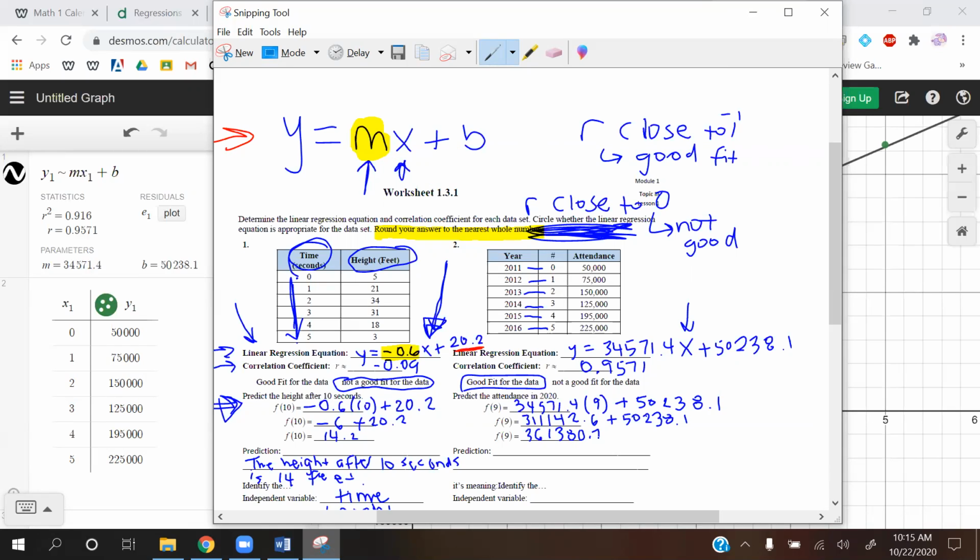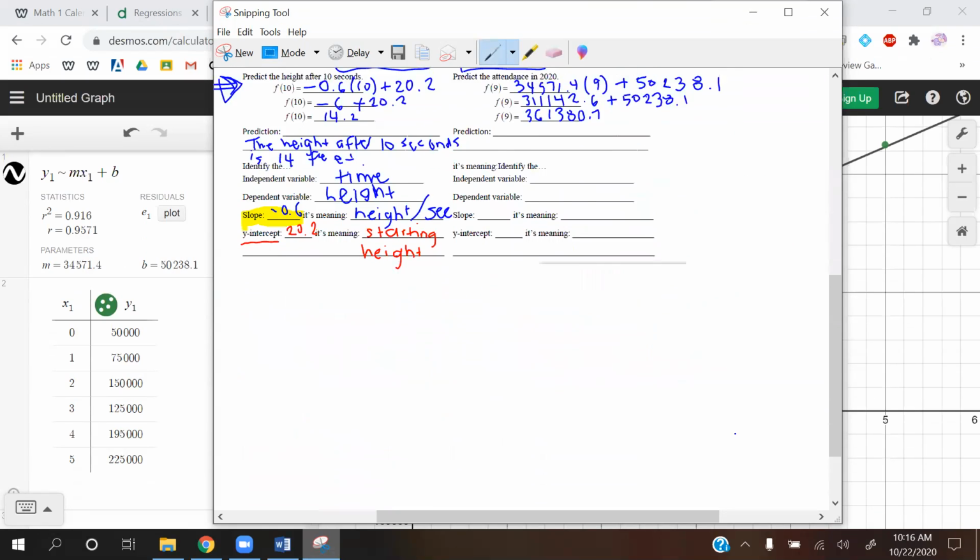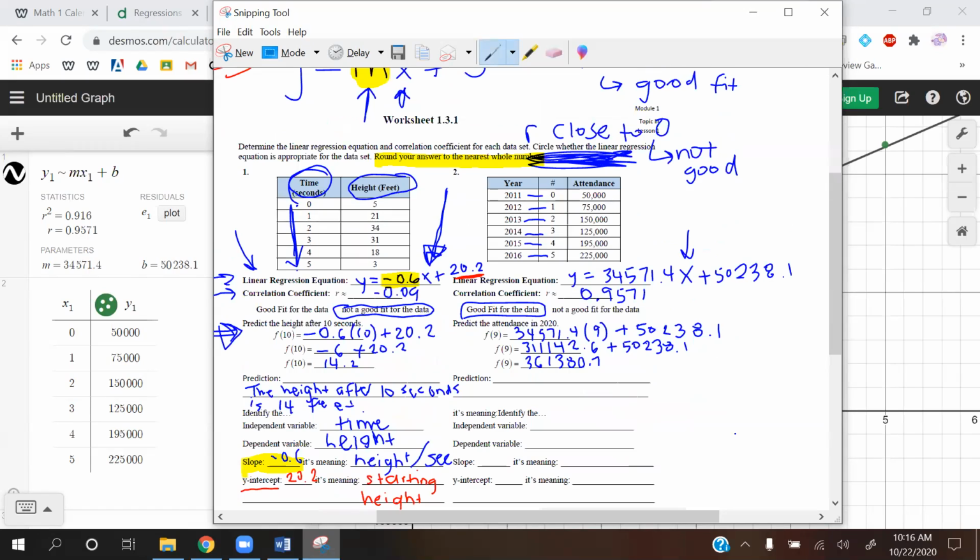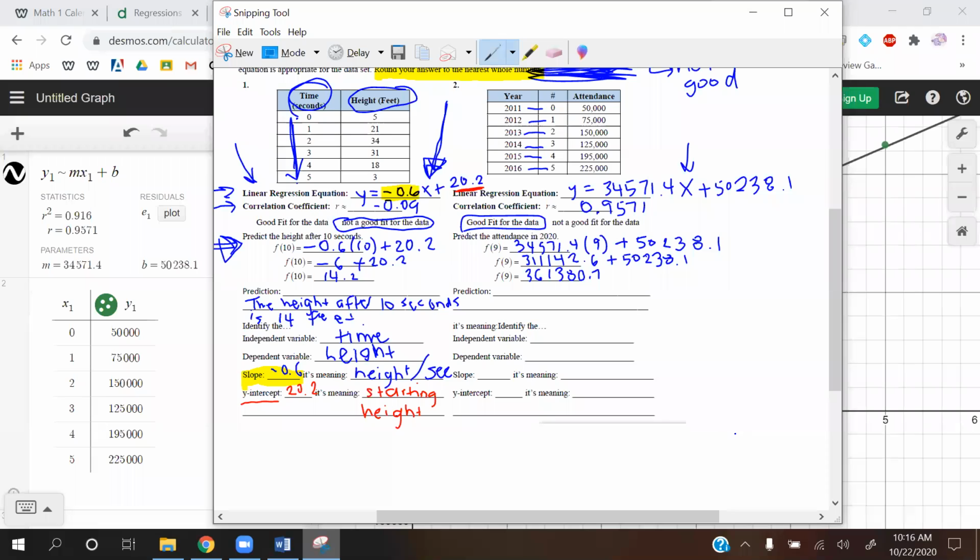Any questions up until here? All right, make sure you interrupt me if you have a question, but I'm going to keep going now. Okay, so our prediction, we're going to write it as a full sentence.